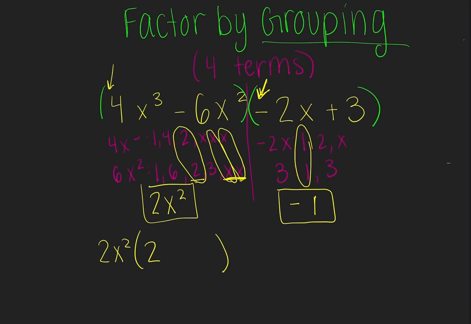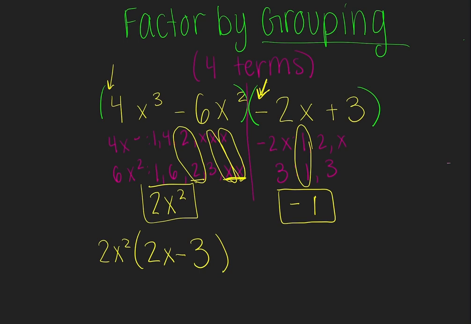Now let's look at our x's. I had 3 x's, but I took 2 out, so I only have 1 left. Bring down the minus sign, and divide. 6 divided by 2 is 3. And I had 2 x's, but I took 2 out, so I don't have any left. So I'm just going to leave that as a 3.